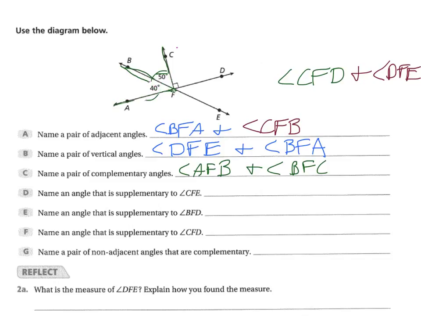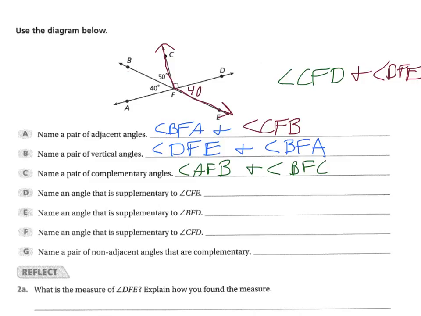Well, let's look at that. Where is CFE? CFE is right here. And we need to find one that is supplementary to this. But what is the measure of this angle? Well, we actually could figure that out.